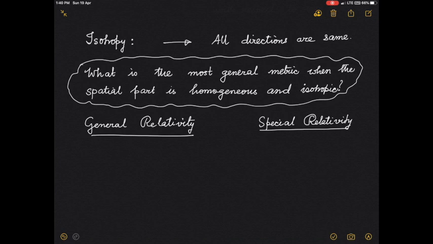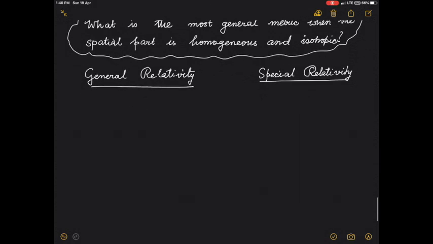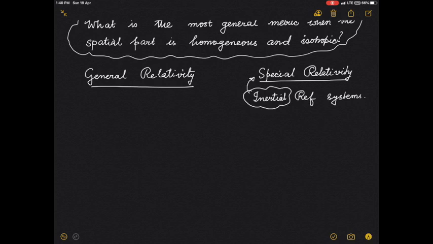Now, in the realm of special relativity, or in the realm of all physics before general relativity was discovered, this could be done for only inertial reference systems, or the reference systems which only move about themselves with a constant speed, constant velocity. And because it could be done only for the inertial reference system, the name is special.